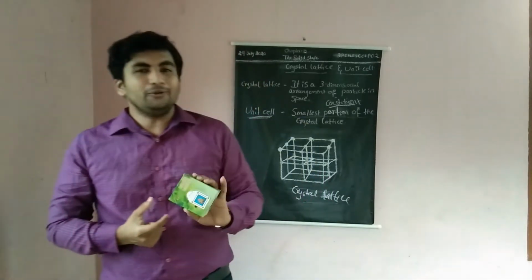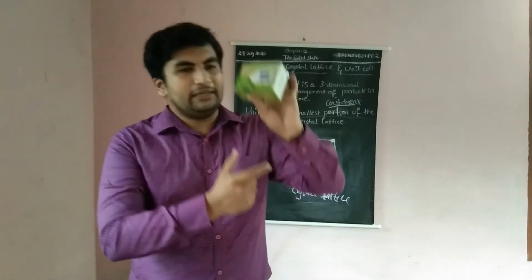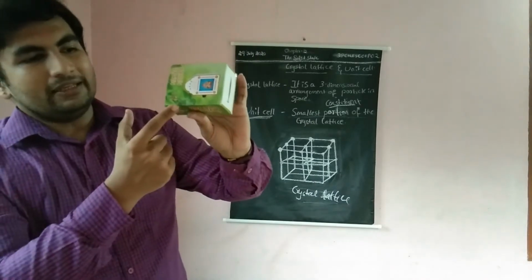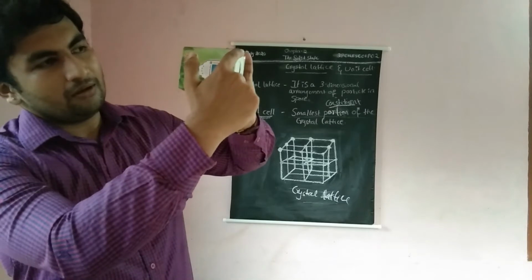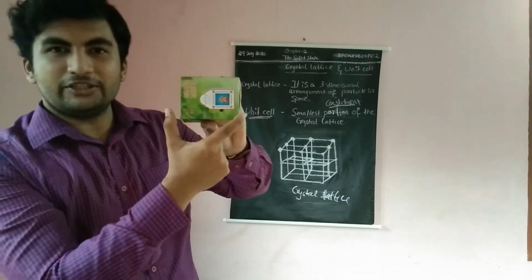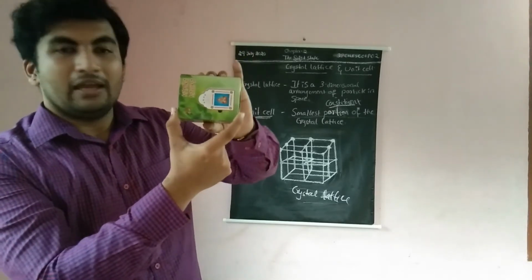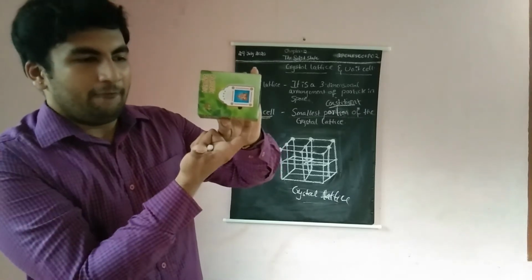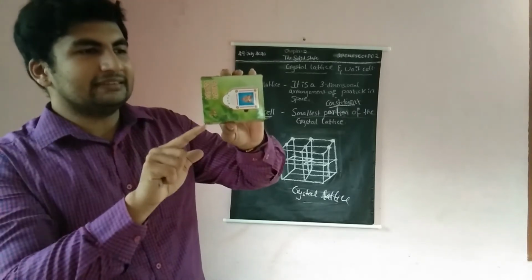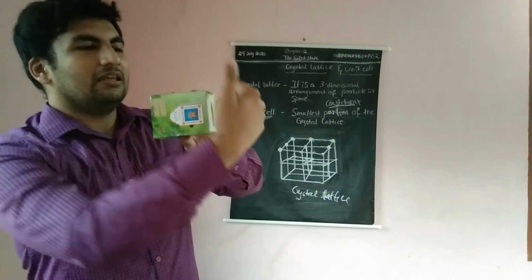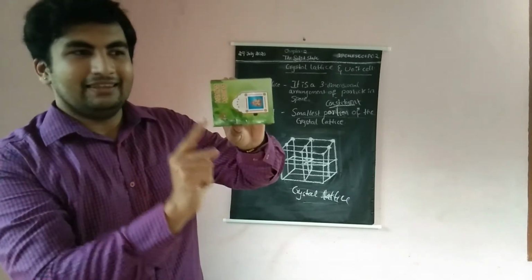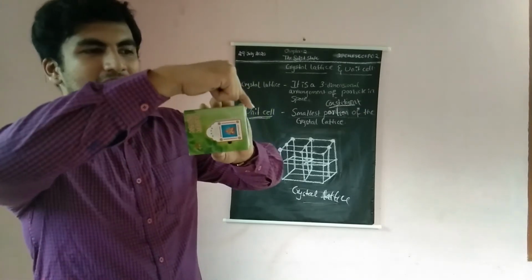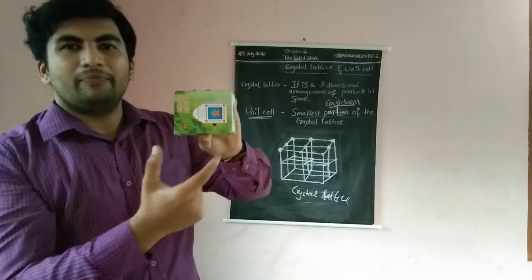Now coming to edges. See, 1, 2, 3, 4, 4 edges over, 4. Similarly 5, 6, 7, 8, then 9, 10, 11, 12.